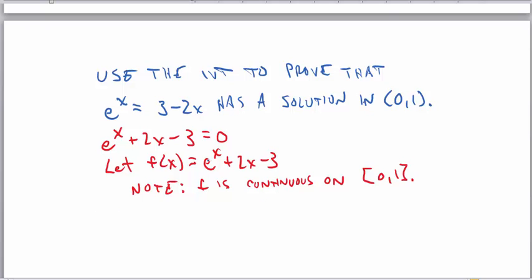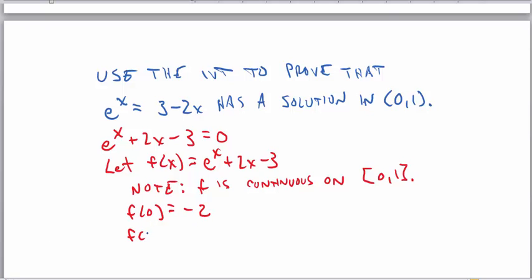So now what am I going to do? I'm just going to evaluate it at 0 and 1. When I substitute 0 in for x, I get e to the 0, which is 1, plus 2 times 0 minus 3. So I would have 1 plus 0 minus 3, so I would have negative 2.